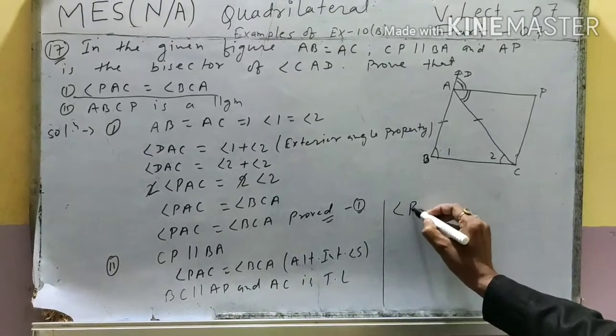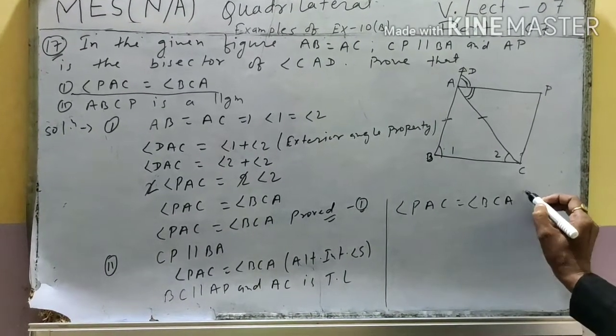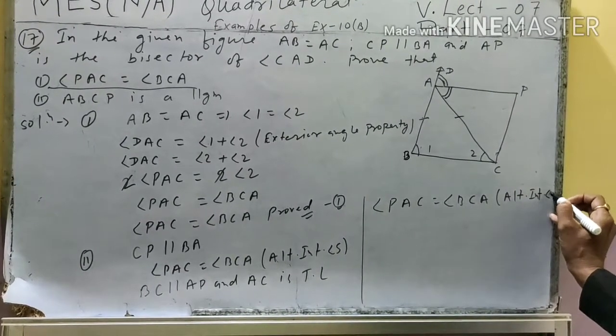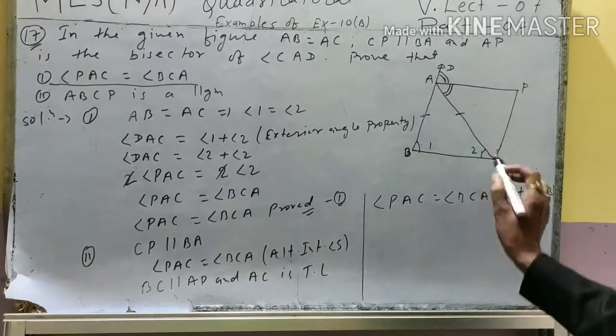So angle PAC is equal to angle BCA, the reason is alternate interior angles.